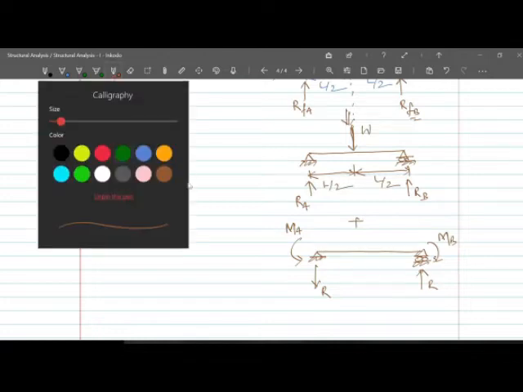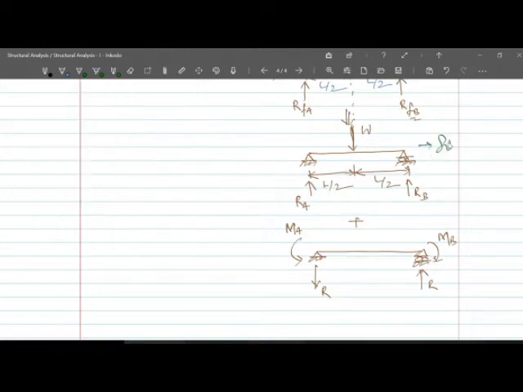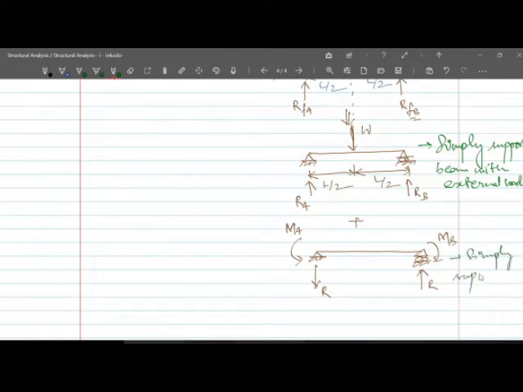I can write the description of these as: this is a simply supported beam with external loads, and this one is a simply supported beam having fixed end moments.